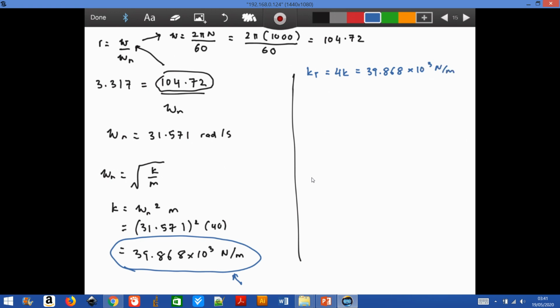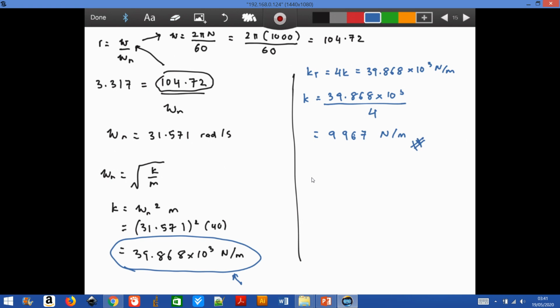In order for us to find the k, K is 39,868 divided by 4 because we have 4 springs there. Therefore, we get the value of 9,967 Newton per meter.